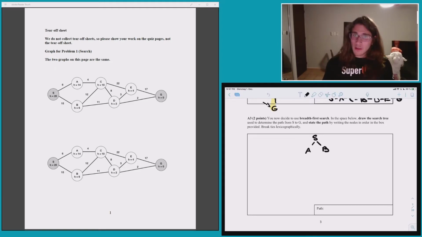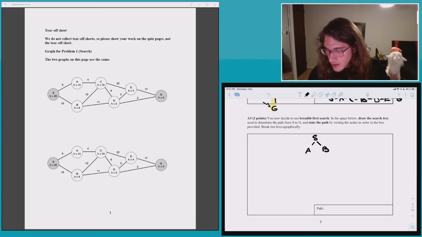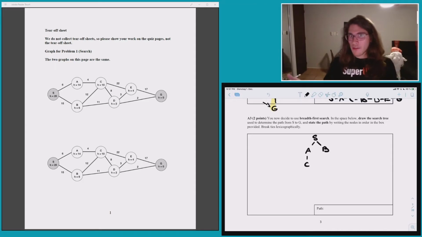Now, the way I think about it is this entire level has to be expanded before I move on to the next one. So I have SA and SB in the queue, and I pop SA, I expand it, I have C, and I add SAC to the back of the queue, which means next in line is SB.